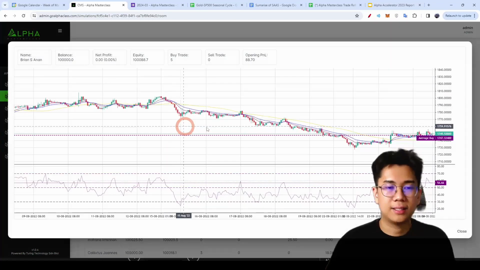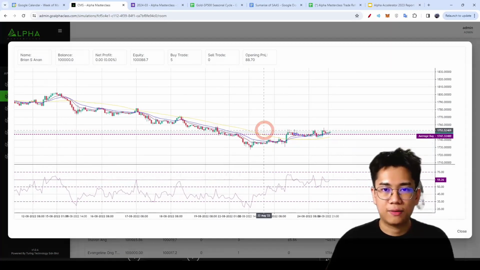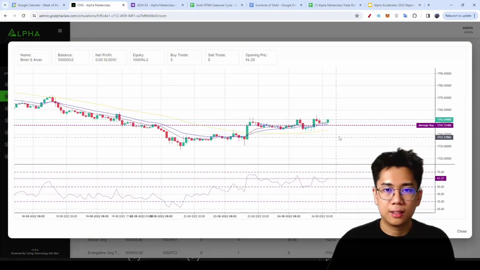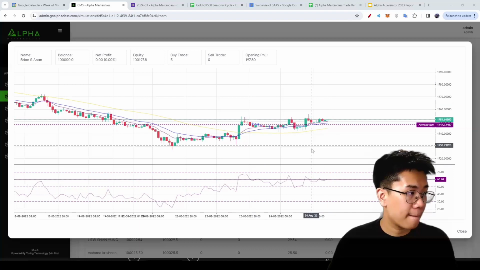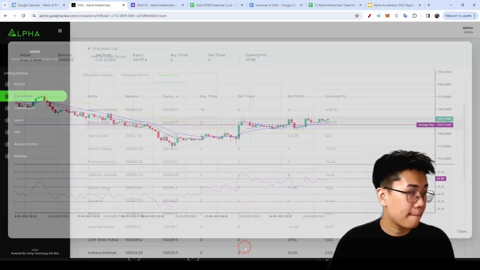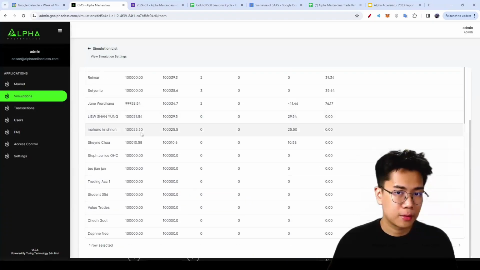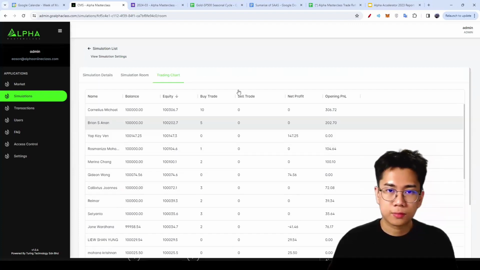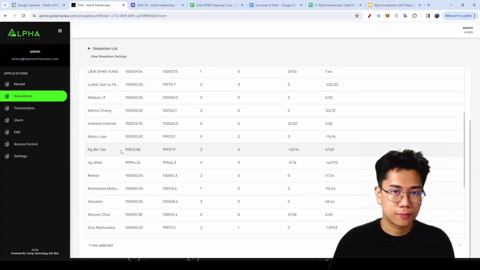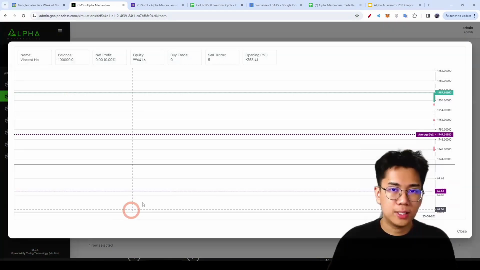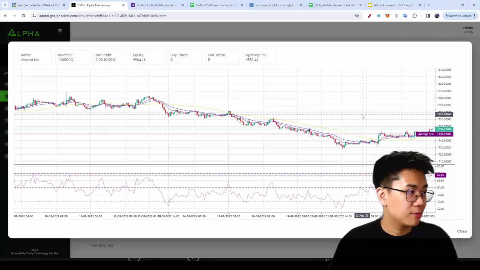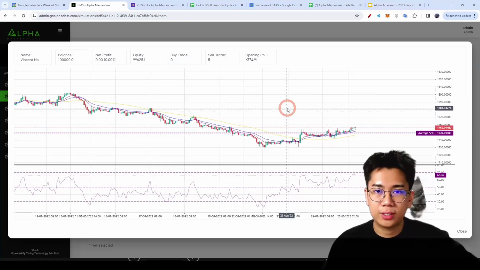Brian, second most profitable, but he decided to make a buy trade instead of a sell. Vincent, one of the most profitable traders as well.